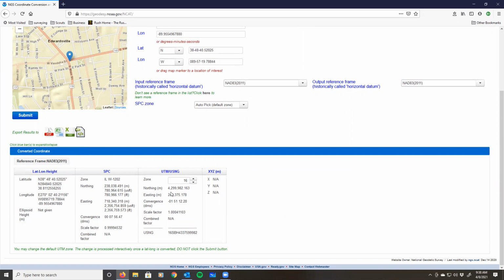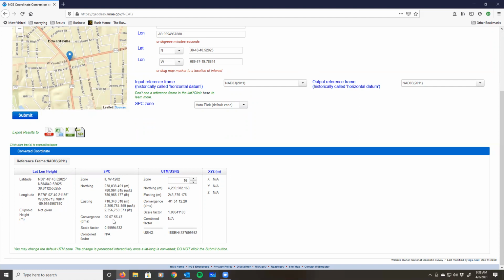We're not doing anything with ellipsoid height, but it will tell you what the convergence is at that location and what the scale factor is. So 0.99994532 is the scale factor. You would still have to figure out the elevation factor to get an overall combined factor.